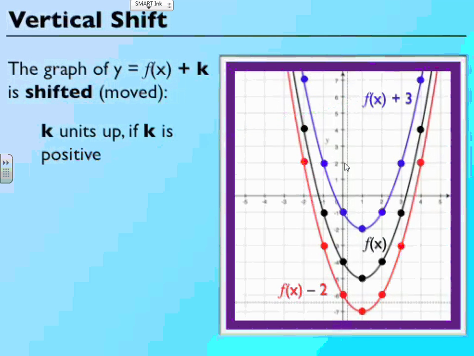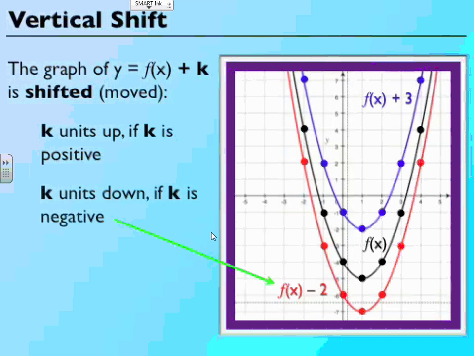Now, on the other hand, if k is negative, we go k units down. So f of x minus 2, every point on that graph moves 2 units down, right there. All right, now the next section on your paper is a U-try section. So go ahead and pause the video now and do the U-try, and when you come back, we'll go over the answers.